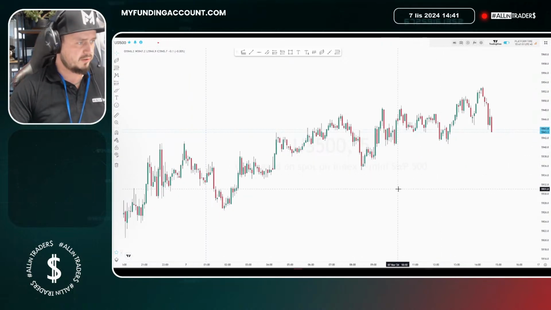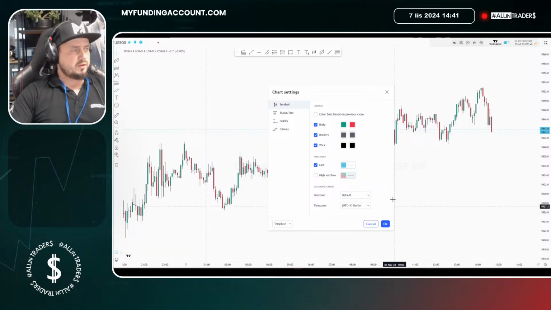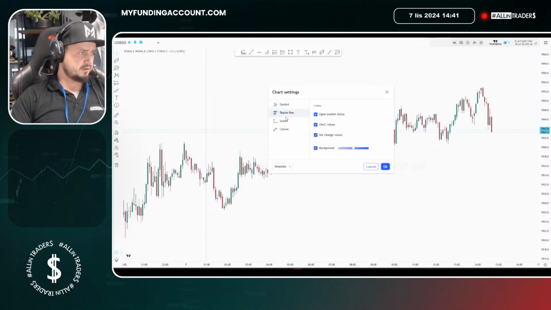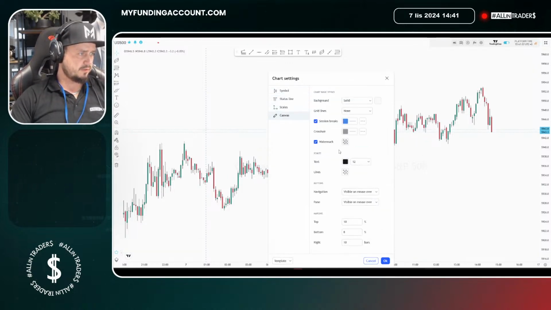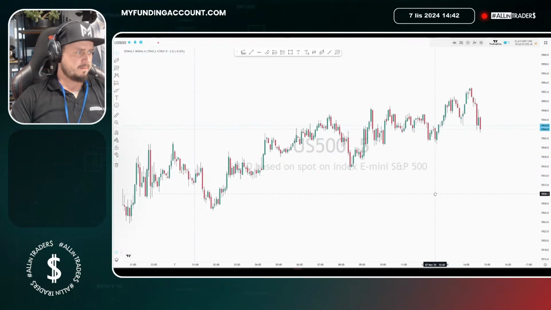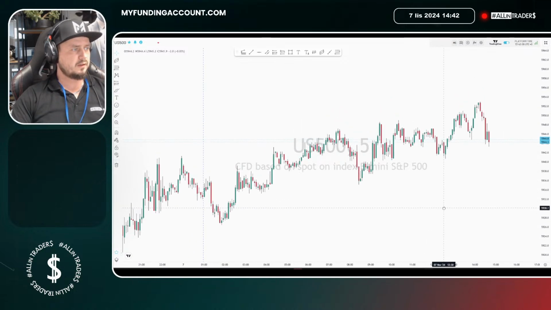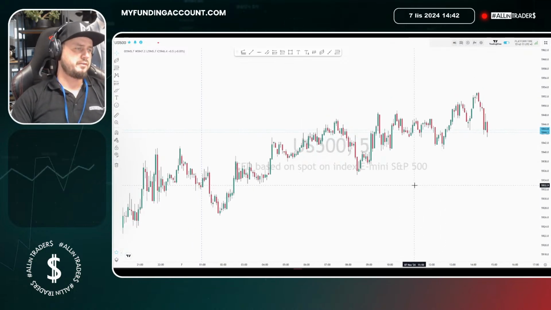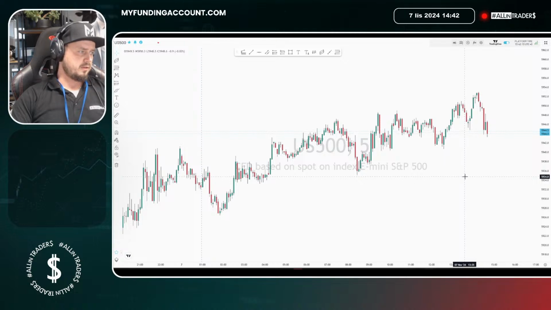All right, so this is US 500. Let me put the watermark so you can see better. Canvas watermark. Yes, it should be visible. All right. US 500, 5 minutes time frame. What do we have today on the chart?